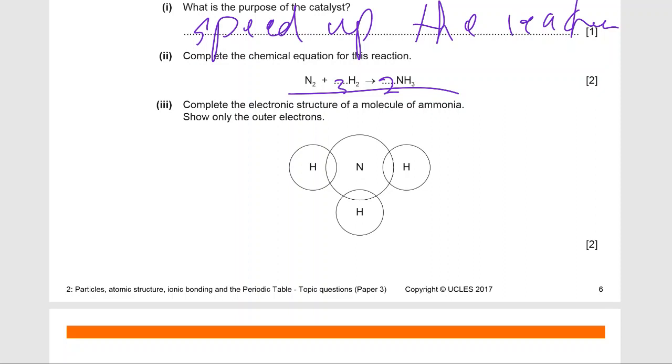So here, the one which is shared should be a single electron. 1, 2, 3, 4, and this one 5. Hydrogen, each hydrogen has 1 electron. So in this case, we have completed the cross and dot diagram for the ammonia molecule.